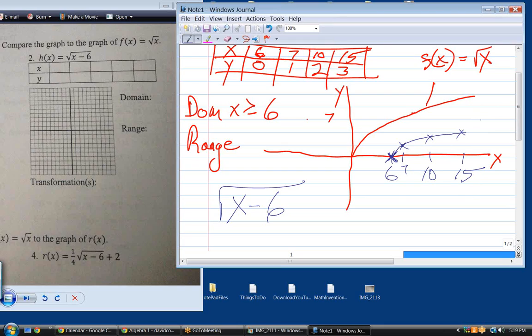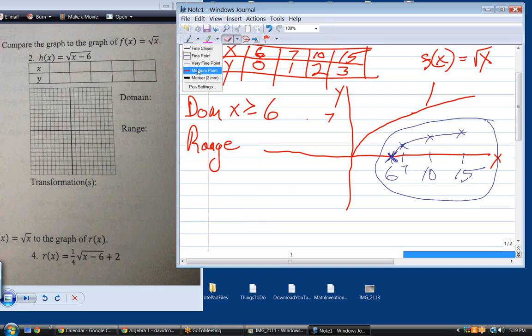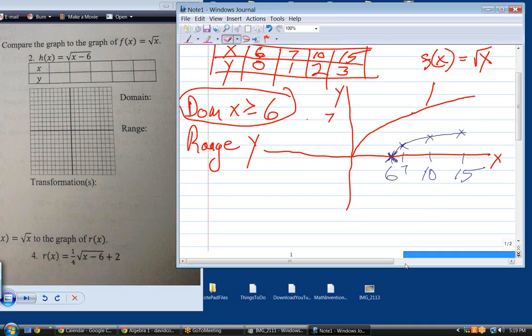So now let's focus on this to figure out domain and range. What does x have to be? X has to be greater than or equal to 6. Correct. So that's the domain. What's the range? Read it off the graph. Y is greater than or equal to... You want to say it, I know you do.